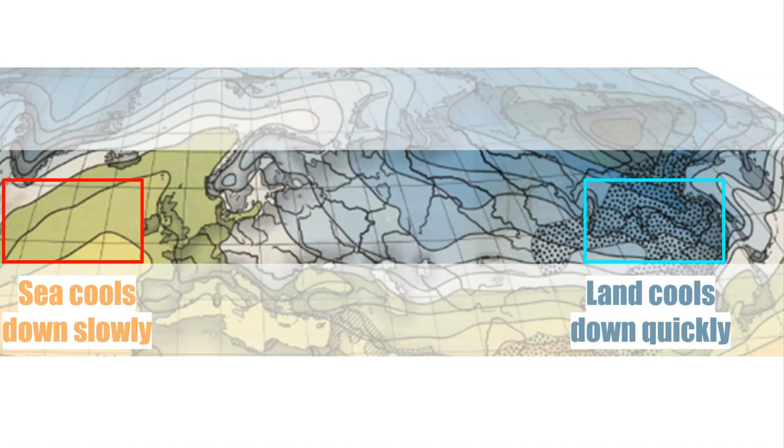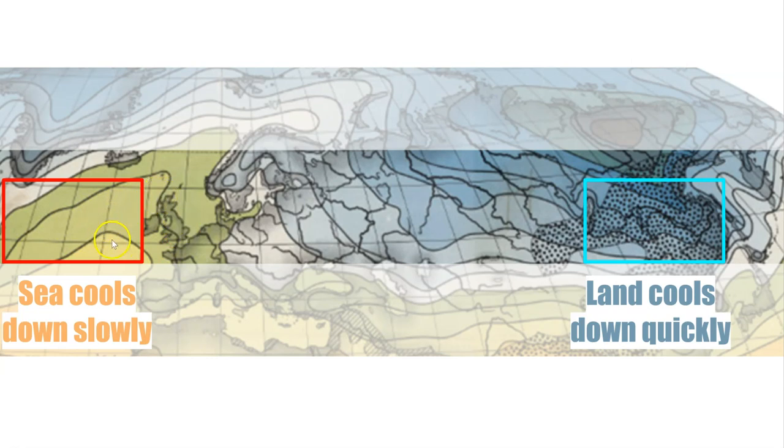Okay. Question. What effect does that have on the British Isles? Now, we are land, so we're going to want to cool down quickly. But we're right beside this lovely, big, relatively warmer ocean. It's just cooling down slowly. It's very chill. Let's not get worked up about this.